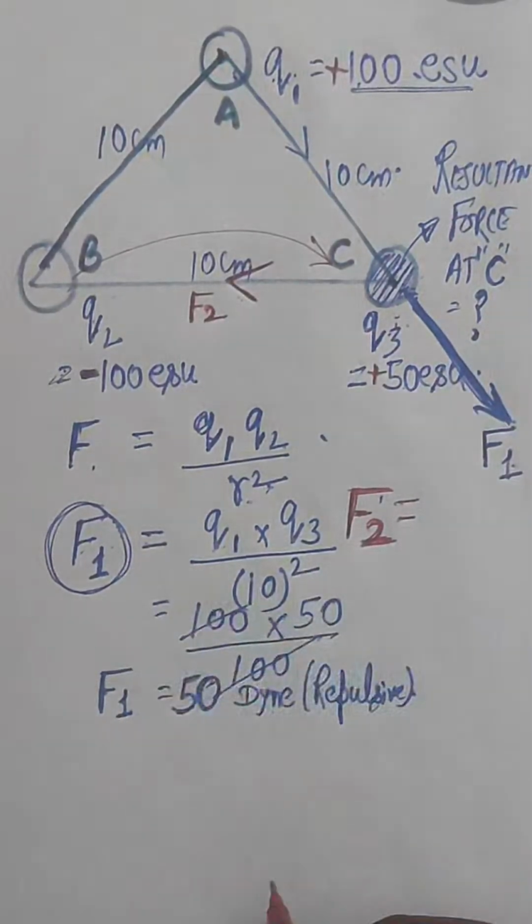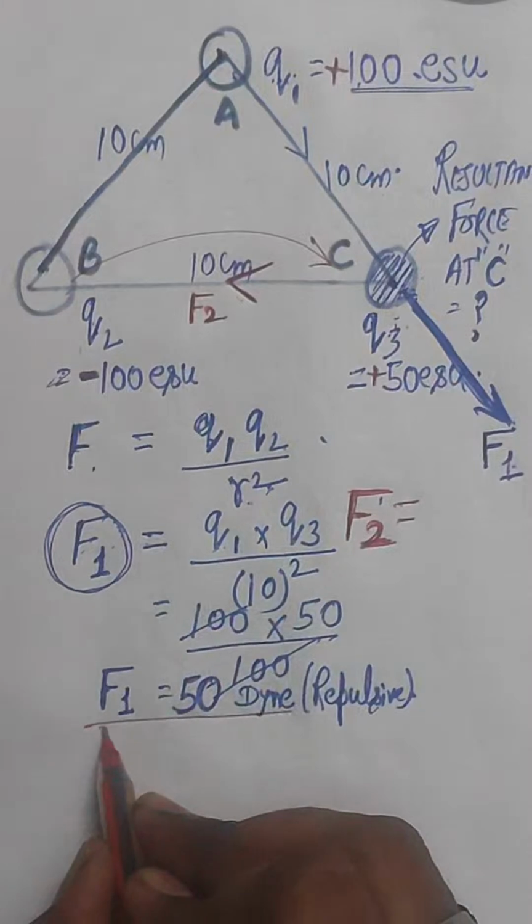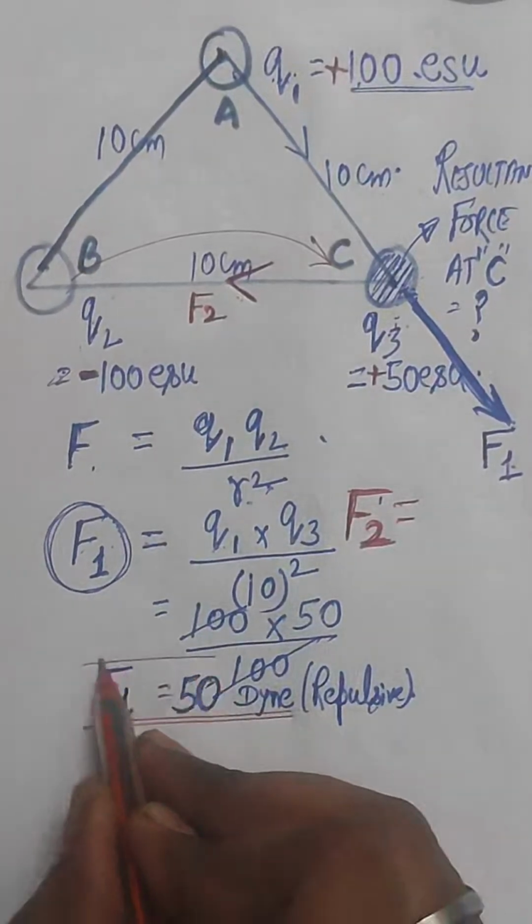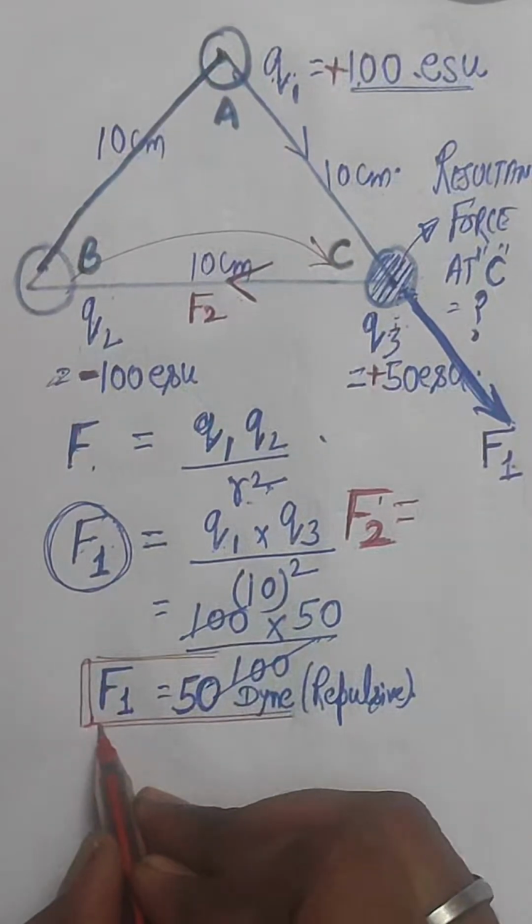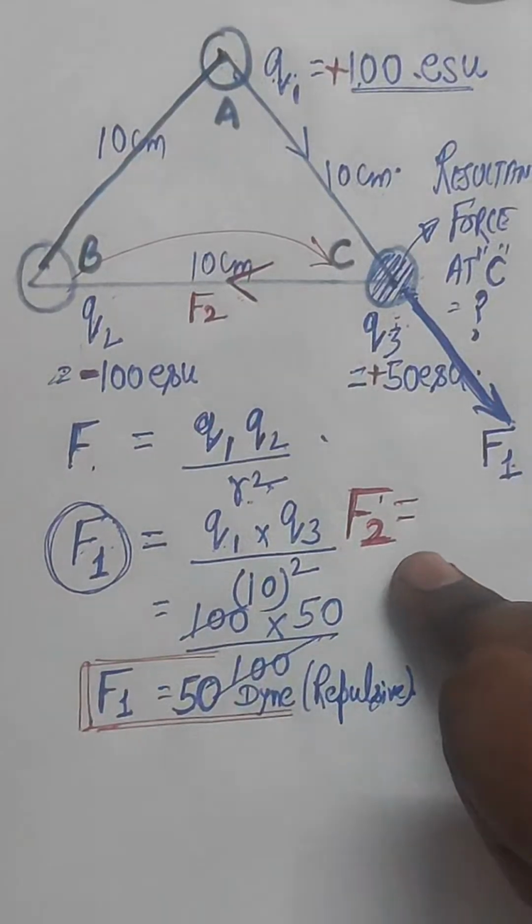We have already calculated F1 equal to 50 dyne, which is repulsive in nature. So this is done. Let us calculate F2.